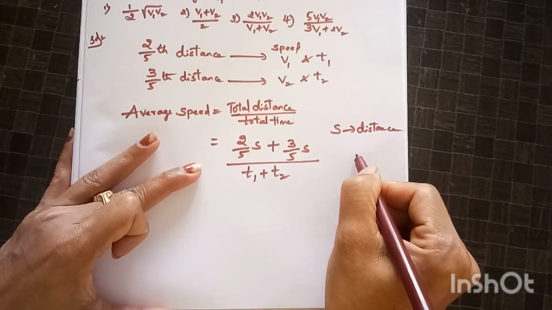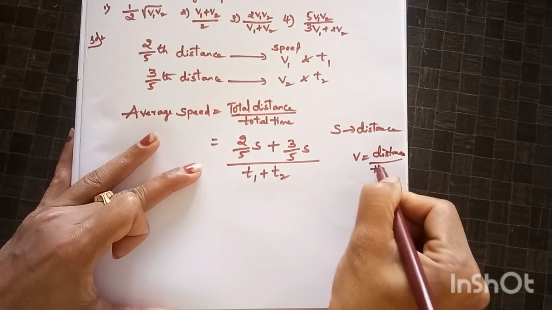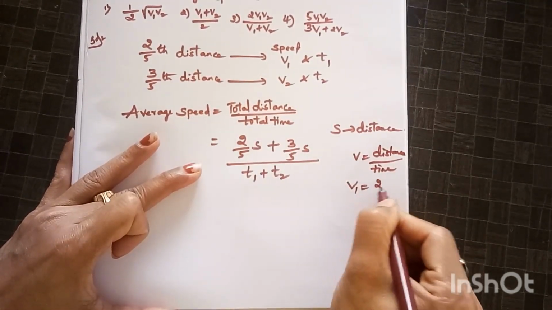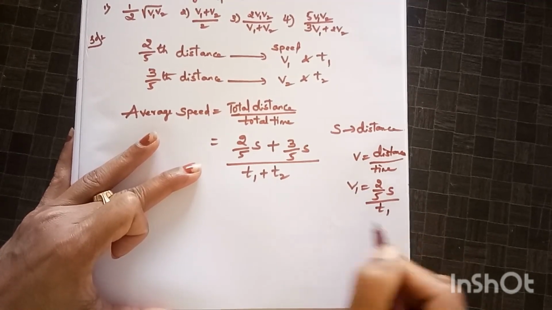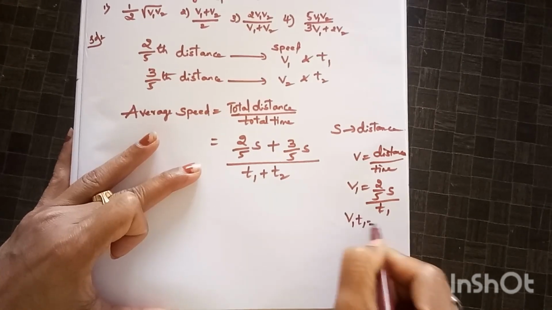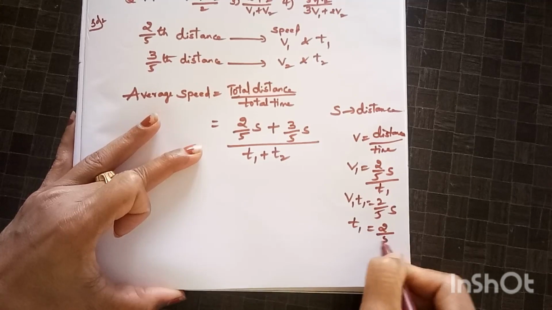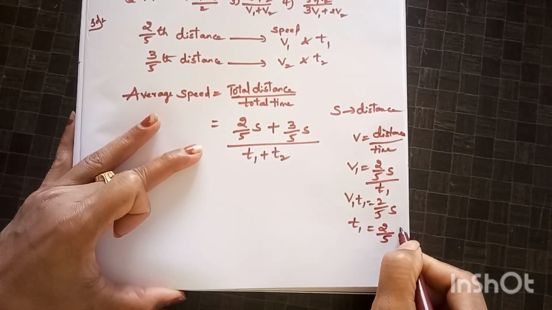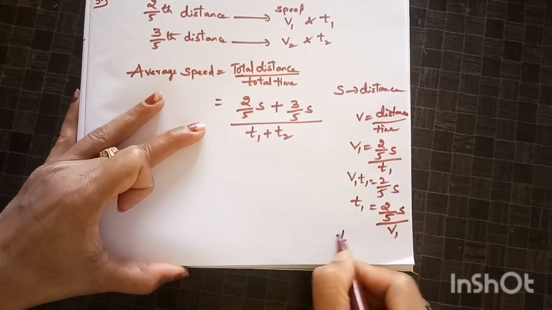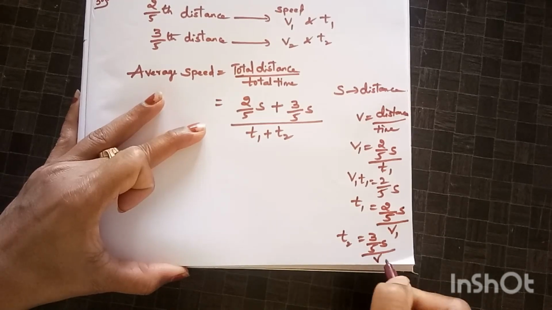You all know that speed equals distance by time. For speed v1, the distance is 2/5 s and the time is t1. We want t1, so send it to the left side: v1 t1 equals 2/5 s, so t1 equals 2/5 s by v1. Similarly, t2 equals 3/5 s by v2.